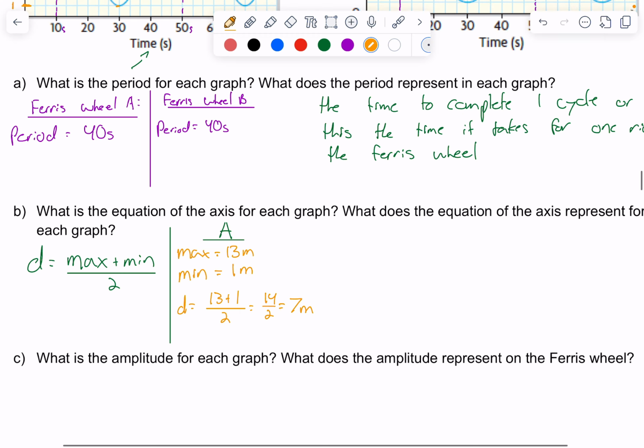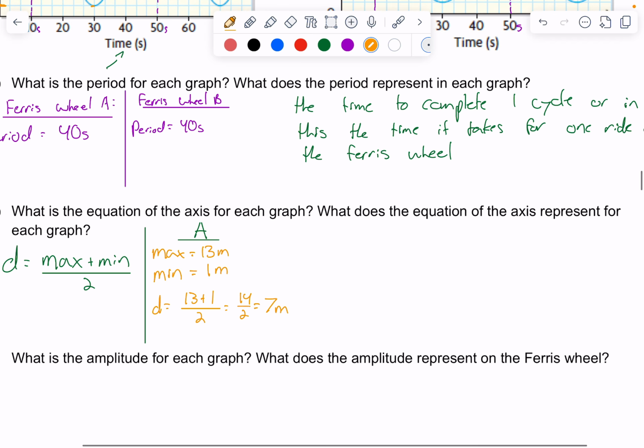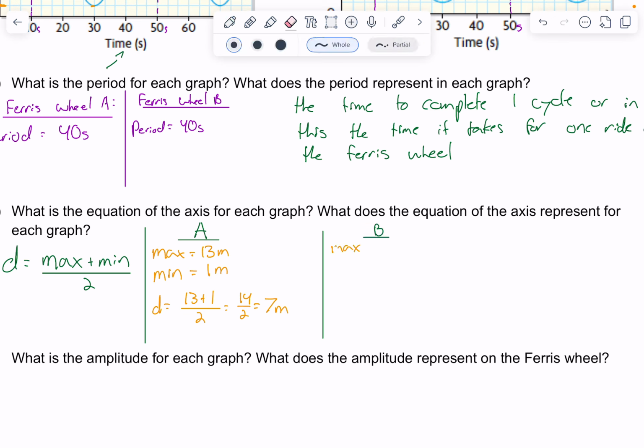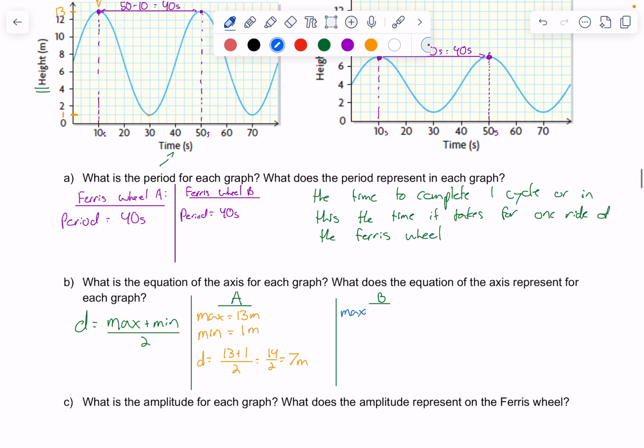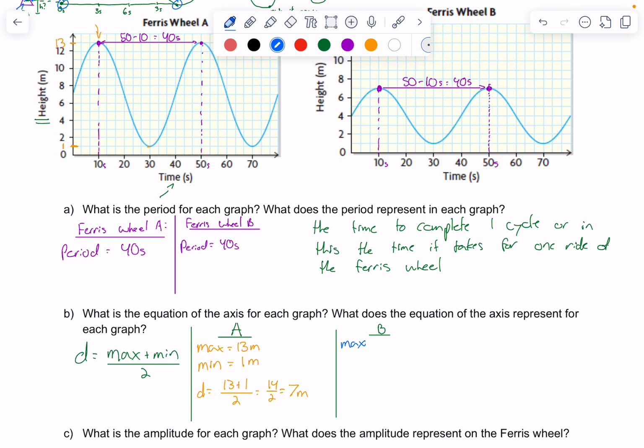So I'll talk about what this represents in a second. Let's just do the same thing for B. I'll do it in a different color so we can see that they're different. So once again, let's determine what our maximum is. If I look at my graph here, my maximum is at 7 and my minimum is at 1.